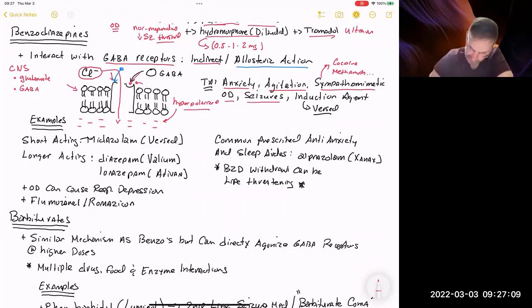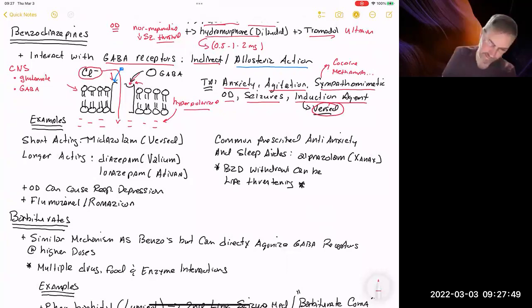These are anti-seizure medications, and some of these agents at high enough doses can act as what are called induction agents. An induction agent is something we use in airway management typically, and in the surgical setting, to cause a rapid onset of loss of consciousness. Some of these benzodiazepines can act as induction agents, specifically midazolam, or Versed, and I'll talk about that in a little bit. All right, so that's the main mechanism of action of benzodiazepines.